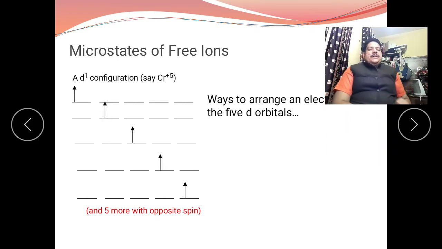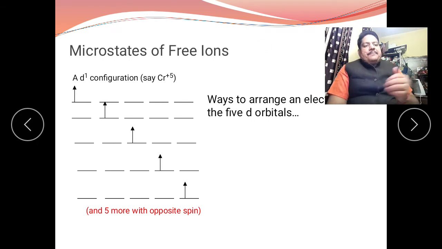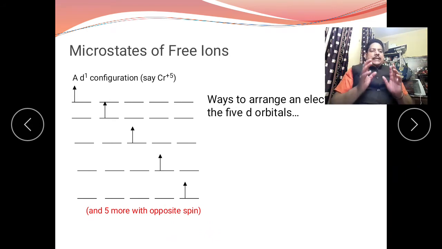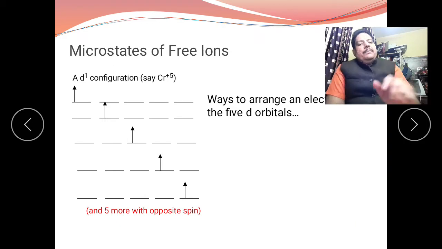And if we consider another 5 electronic configurations with the opposite spin, it means that a total of 10 electronic configurations are possible for that chromium +5 or d1 electronic configuration.